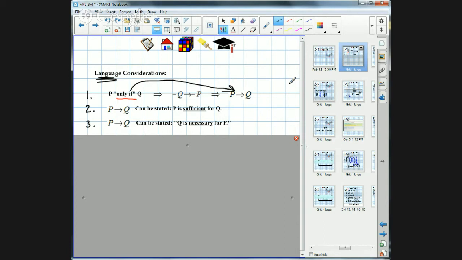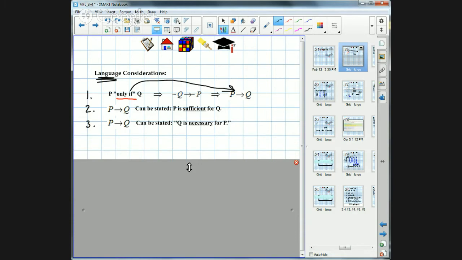So just replace the only if with a simple if-then, and keep everything in the same order. And number two, if you have an if-then statement, the one on the dull end of the arrow is the sufficient guy, and the one on the sharp end of the arrow is the necessary guy. You need that in order to understand questions that are in your assignment.